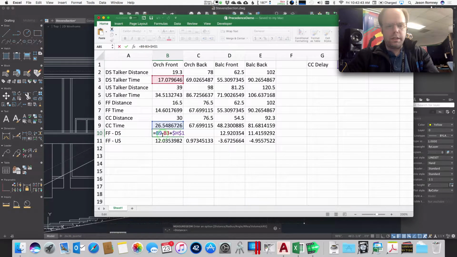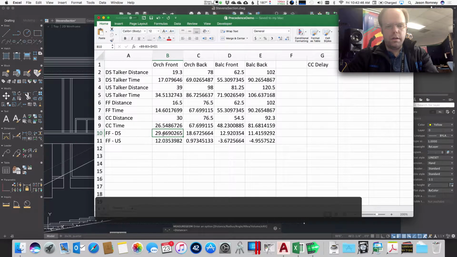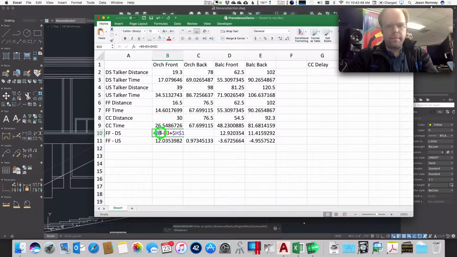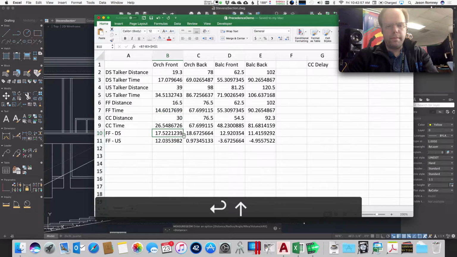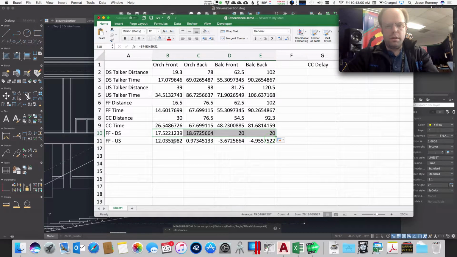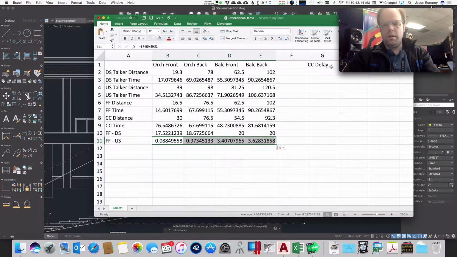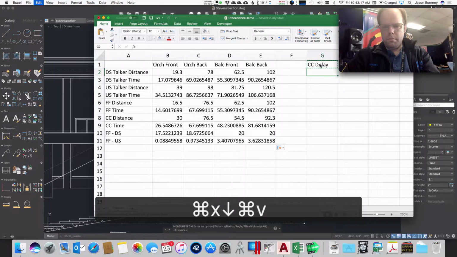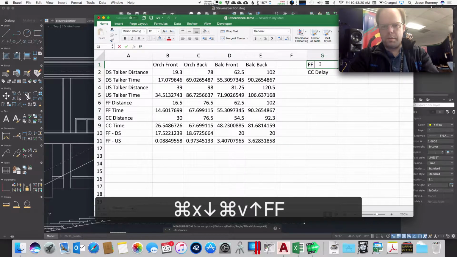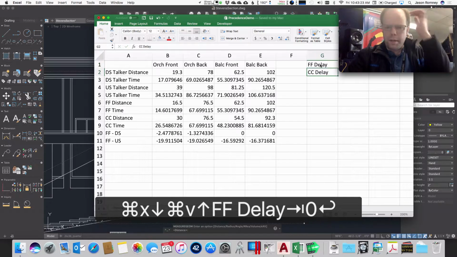So in this case, instead of front fill to the talker, I want that one, and that one. And I'm going to make a new center cluster delay, and this one now becomes my front fill delay. Set that back to 0.